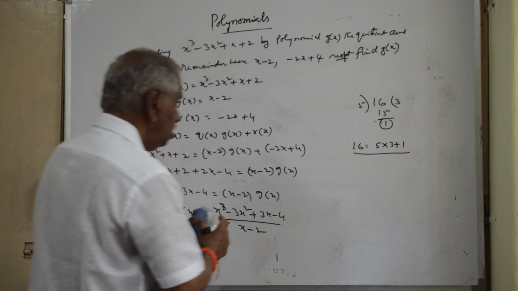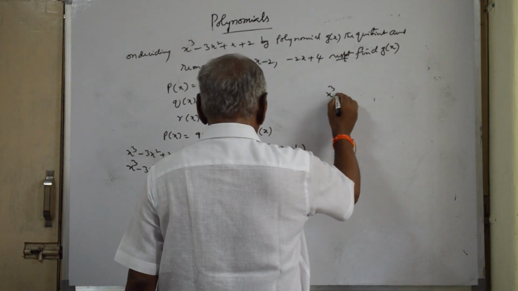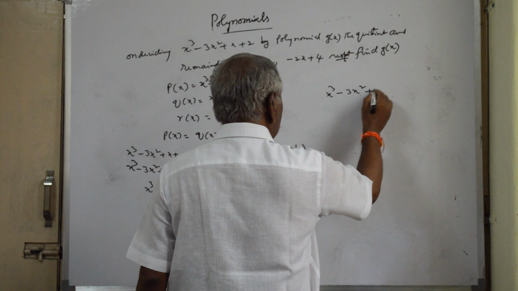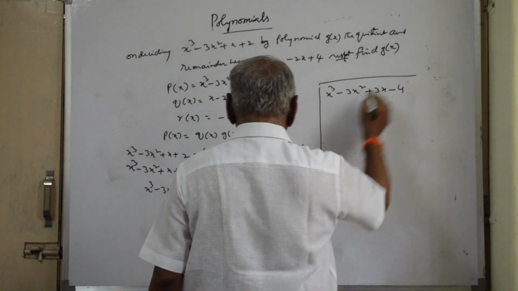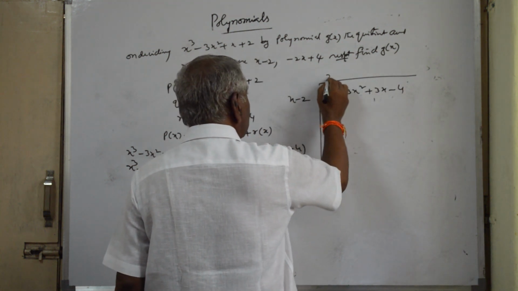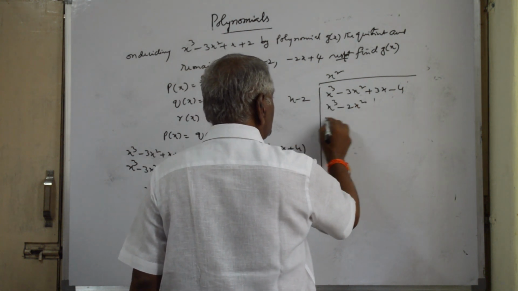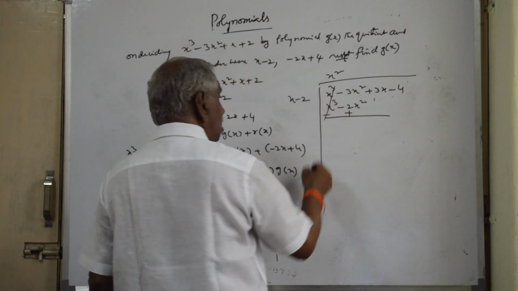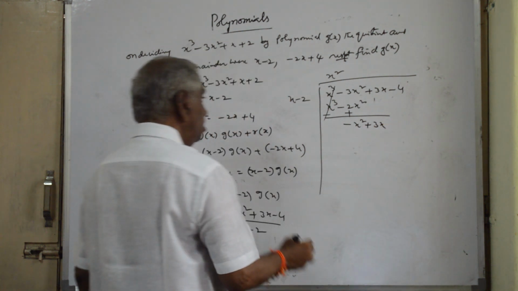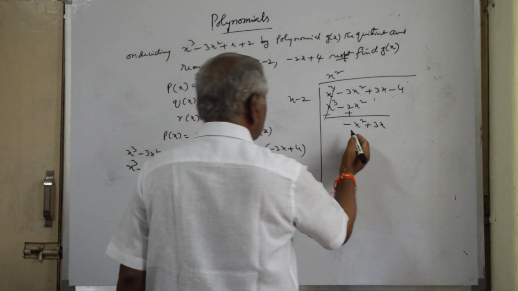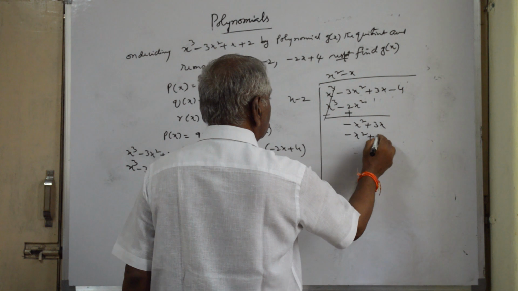So we can divide this: x cube minus 3x square plus 3x minus 4 by x minus 2. If you take x square here, x cube minus 2x square, you can cancel here, minus x square plus 3x. Now here this is minus x square, minus of minus, plus 2x.